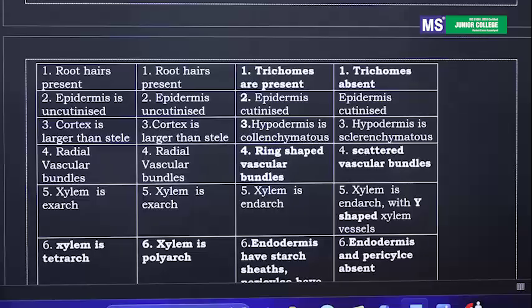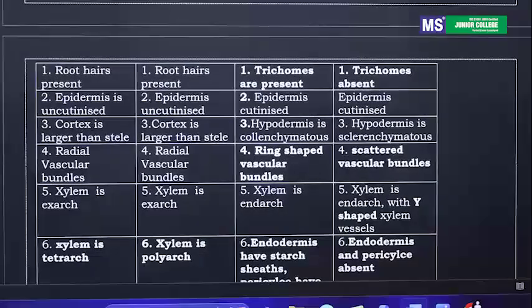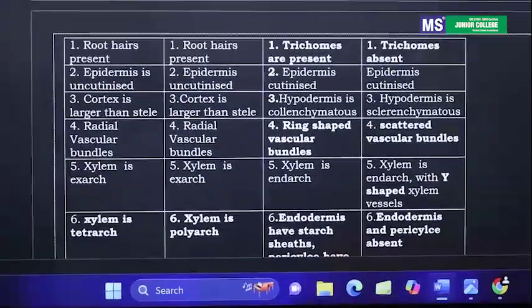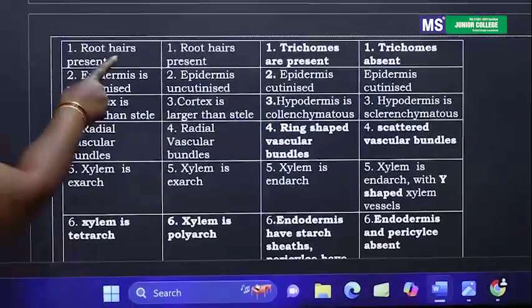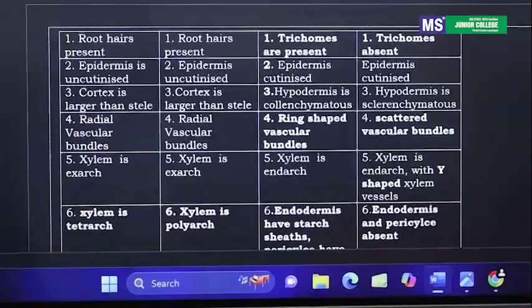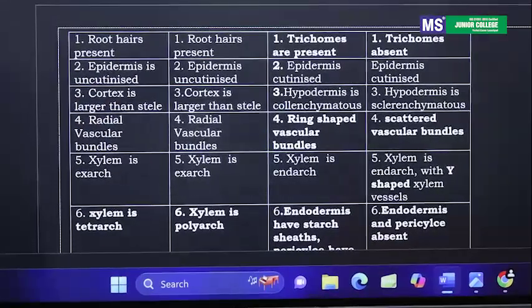Suppose the first 2 columns are about the root, let us concentrate on this. Both are containing root hairs. Monocot root is also containing root hairs and dicot root is also containing root hairs. Now, epidermis being a root, it is not containing any cuticle, that is why it is uncutinized.